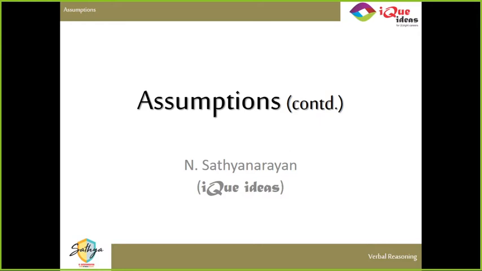But if the assumption is wrong, then the given statement is also wrong. That means changing the value of the assumption changes the value of the statement. The statement is based upon the validity of the assumption. So that was the way we tested whether the given assumption is a valid assumption or not.